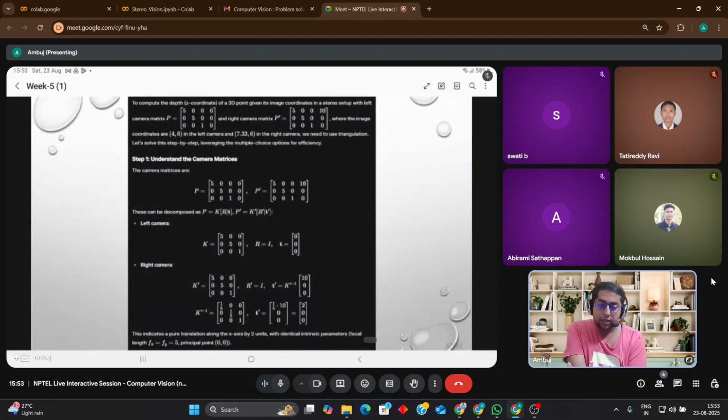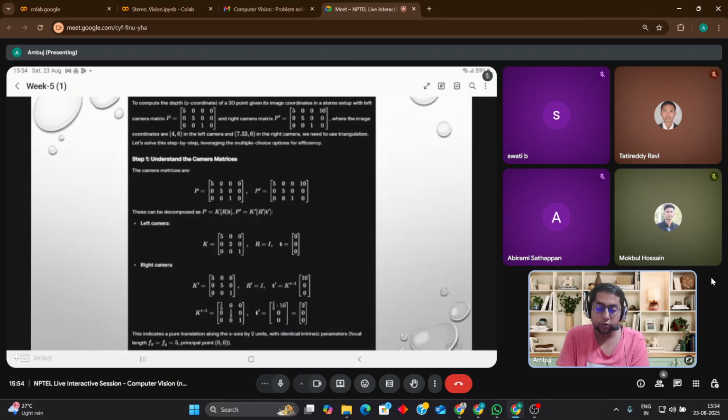You have been given the left camera matrix P and the right camera matrix P dash. The image coordinates are (4, 6) in the left camera and (7.33, 6) in the right camera. You need to use triangulation. Jot down P and P dash, then segregate them; the segregation I have already explained.